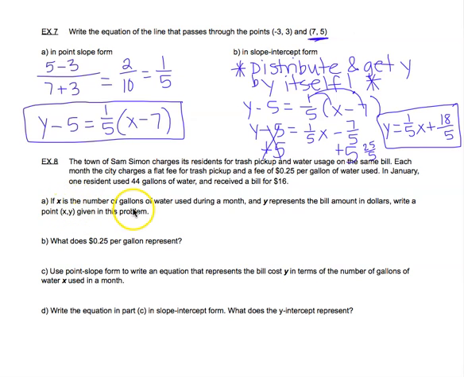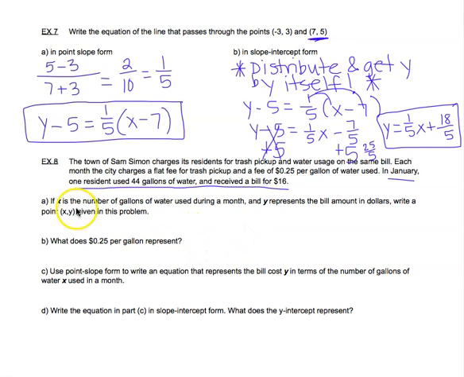If X is the number of gallons of water and Y is the bill amount in dollars, write a point XY given in this problem. So here you are given the information to write an ordered pair of a point. So go ahead, write out what that ordered pair should be based on this underlined last sentence.